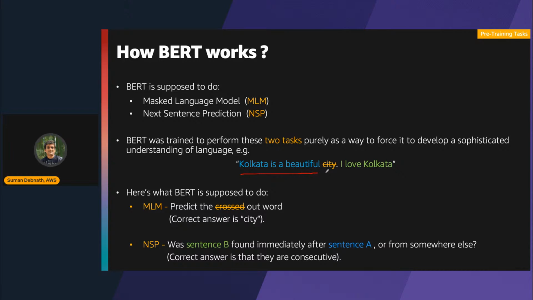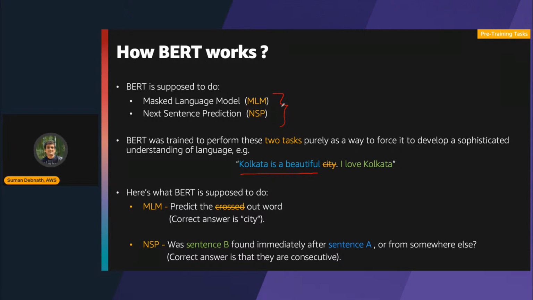The researchers of BERT, which I guess is from Google Brain, trained a model with two tasks. These two tasks are called masked language model and next sentence prediction. The idea was that if we can train a model which can solve these two problems efficiently, that model has a very good understanding of the language.